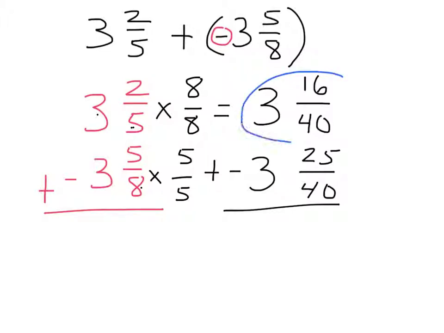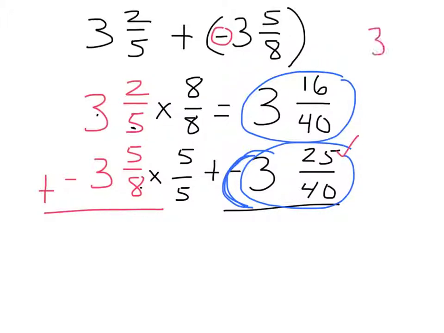Notice the signs are different. This bottom number right here has that negative out front. So remember our rule for that. Our rule when that negative is out front is we have to subtract the numbers with the big dog on top. So this is the big dog.